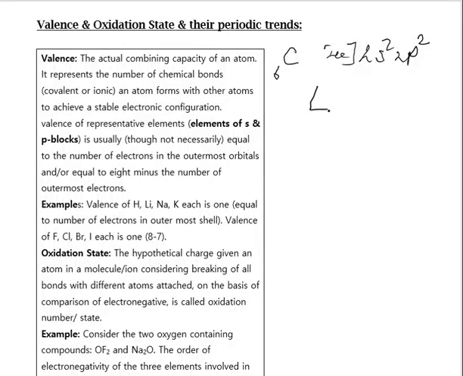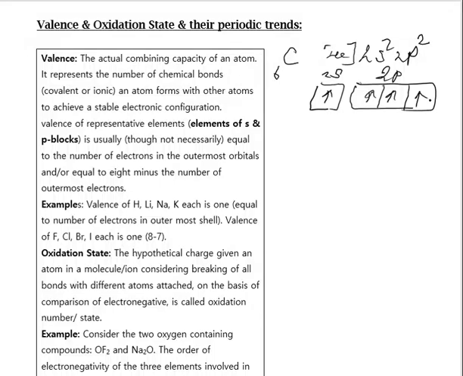If I draw the orbitals of the valence shell, then carbon has 1 orbital in s, 2s, and 2p. There are altogether 4 orbitals in the outermost shell of carbon, and each carbon atom in its excited state has 4 half-filled orbitals.